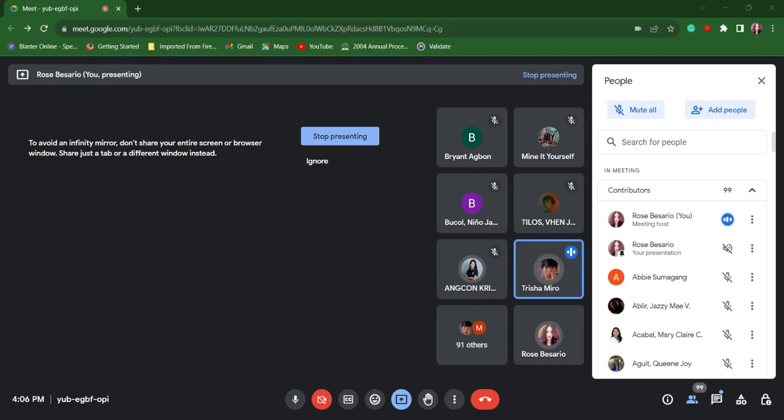What is the effect of this adjusting entry? Supposing you adjust, what is your adjusting entry? Debit interest receivable 72,000, then credit interest income 72,000.